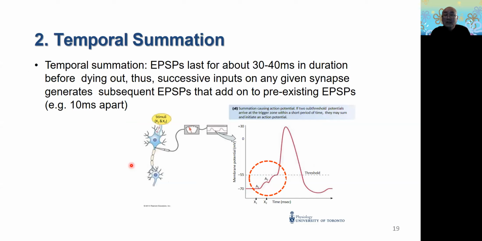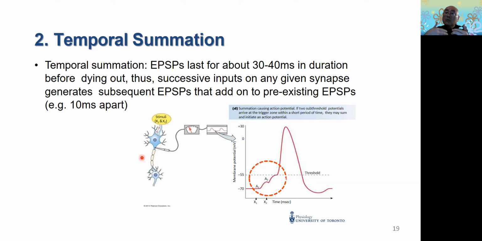Temporal summation is a little bit different. Temporal summation is where we know these IPSPs on average last about 30 to 40 milliseconds before they start to decay. And then if during the time that we have generated an IPSP, we then get a second round of that same neuron firing, releasing more neurotransmitter before it started to decay, the next EPSP that's generated from that same synapse might actually allow for threshold to be reached at the level of the trigger zone.